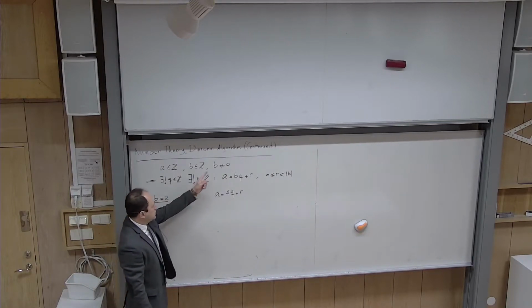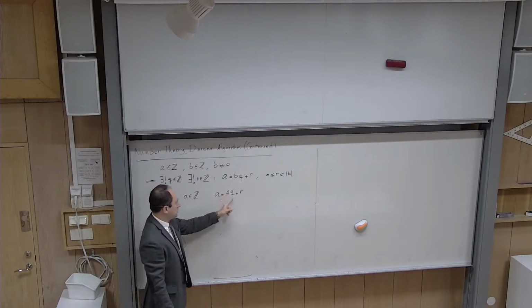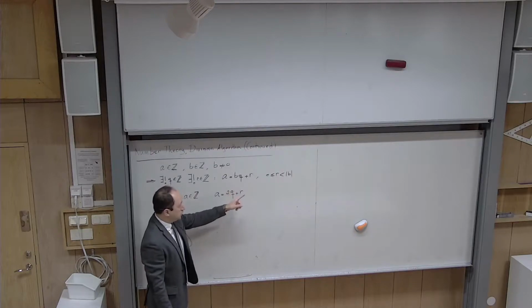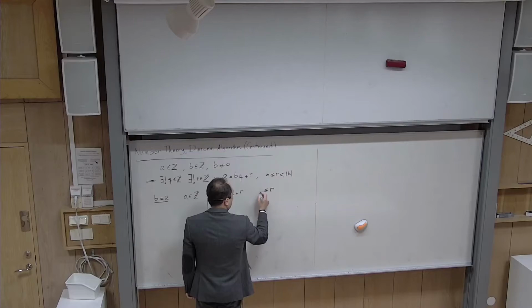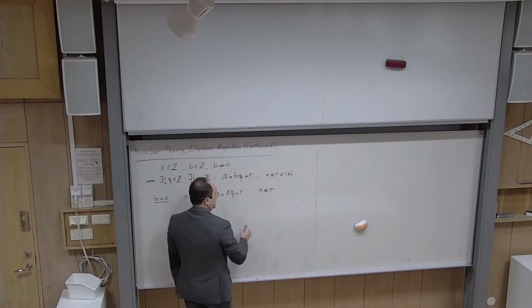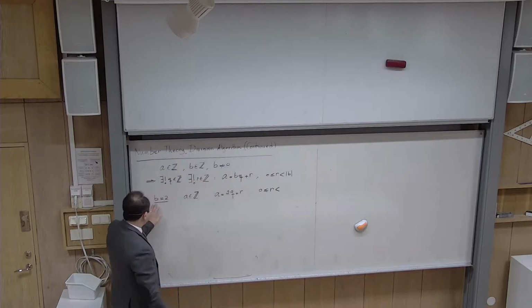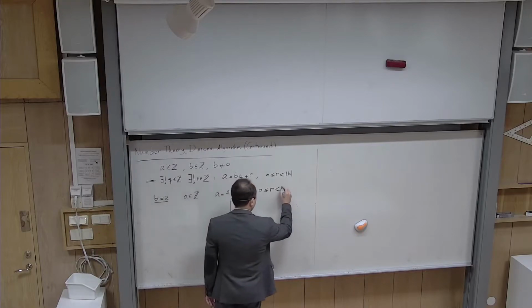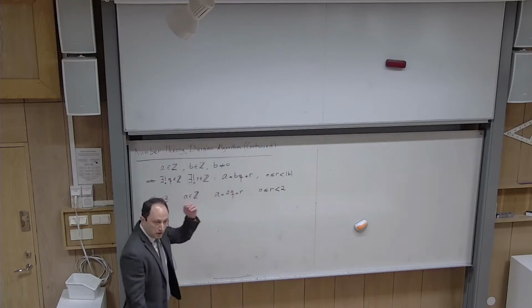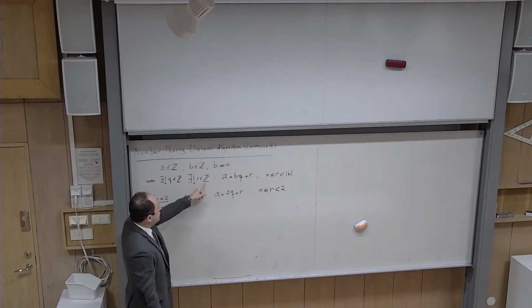Then according to this algorithm, this a that I have chosen can be written as 2q plus r, but moreover, r satisfies this condition, yes? It should be greater than or equal to 0 and less than the absolute value of b, but I have chosen b to be 2, so it becomes 2, yes? But then we know that r is also an integer.